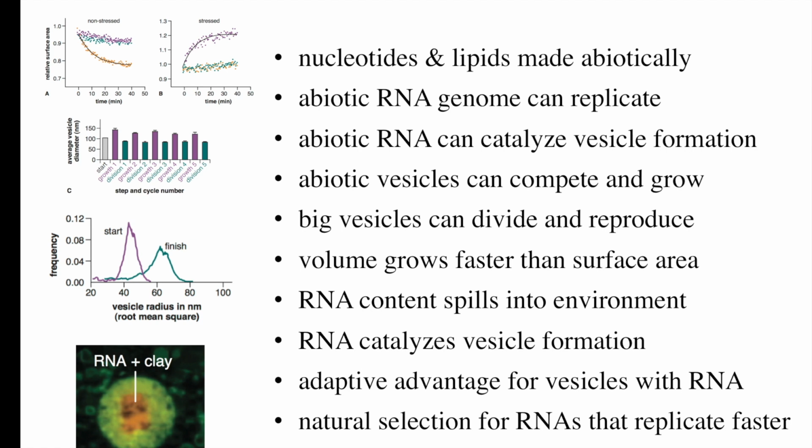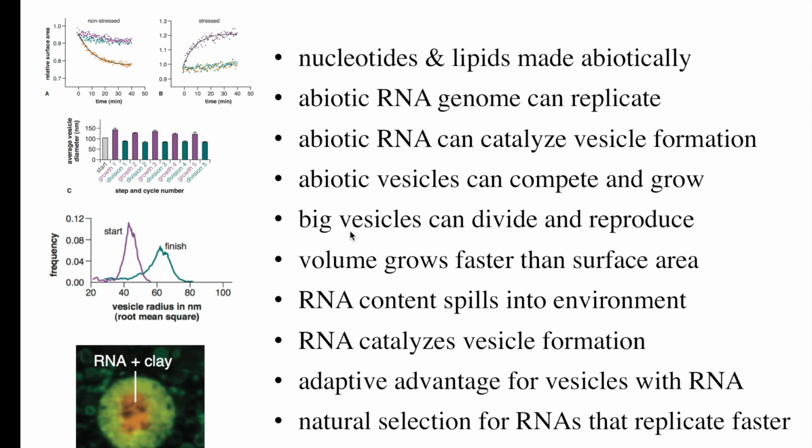I didn't show you those data, but if you add RNA that gets sequestered inside these vesicles, it actually helps making more new vesicles. They can compete and grow for resources, more phospholipids, and they can grow. I didn't show you the competition experiments, but they can grow.